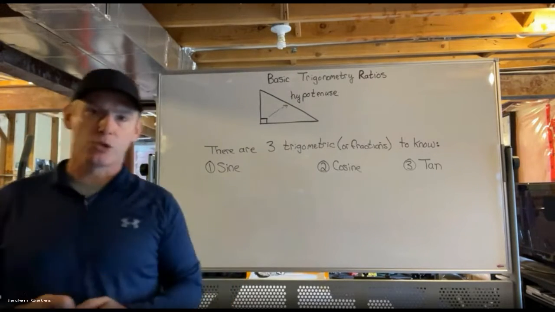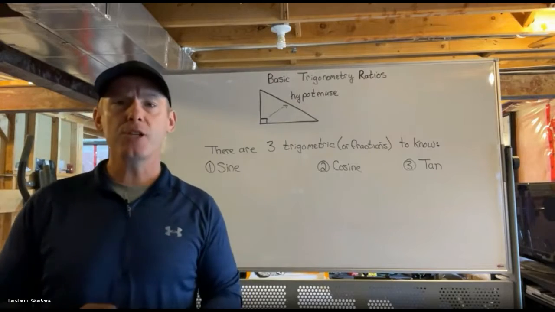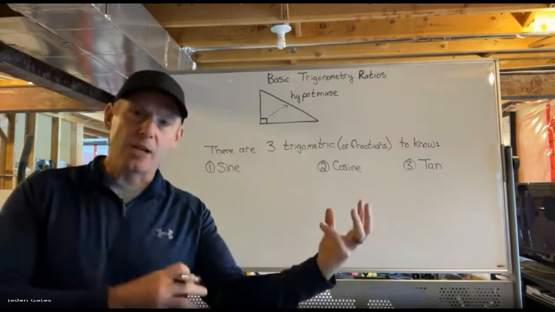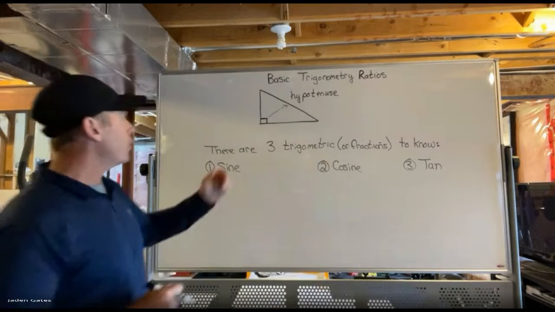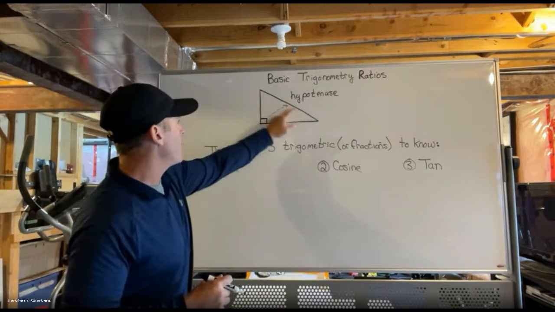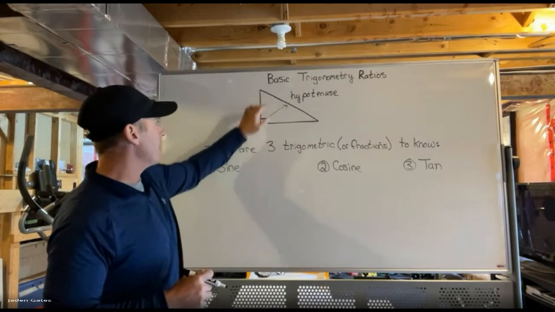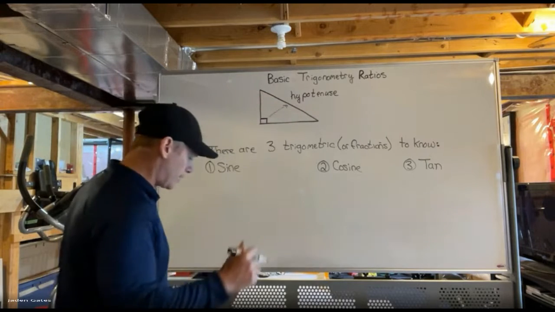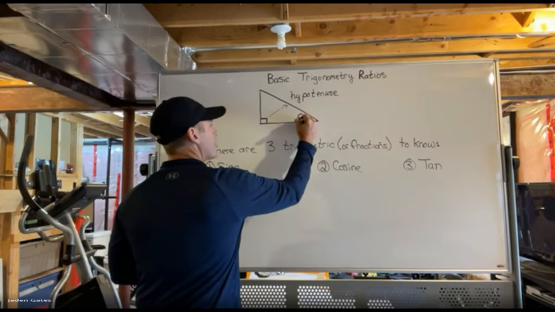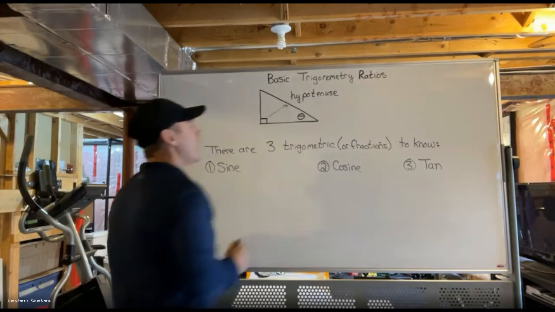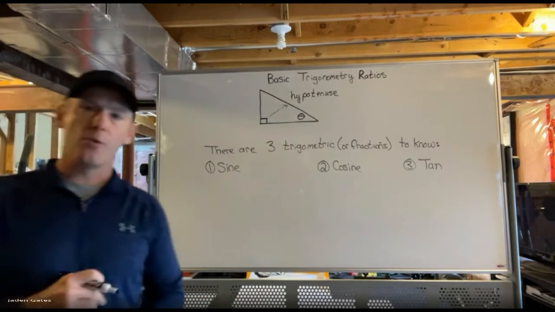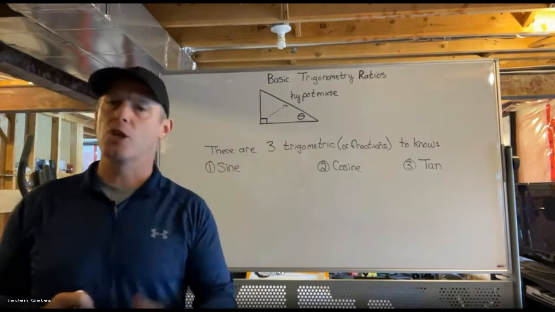Now, here's the thing with trigonometry: because you're dealing with the angles and the sides, you look at one of the angles. Never the right angle, but you're going to look at one of the other angles. So I'm going to say we're looking from this particular angle. And I see I got a circle there with a line through it, and that's called theta. It's a Greek letter.